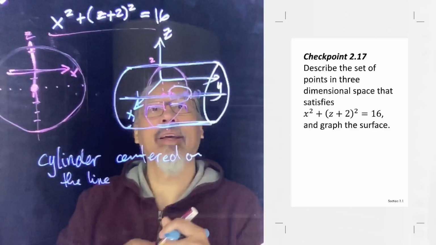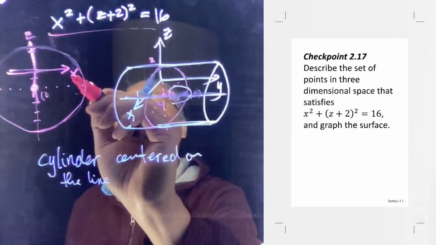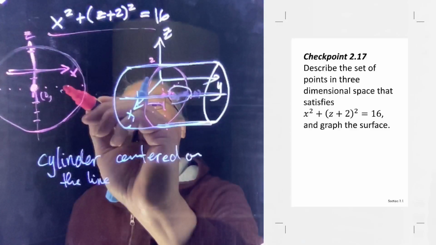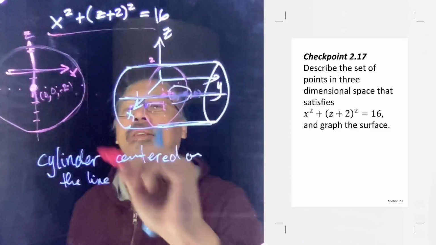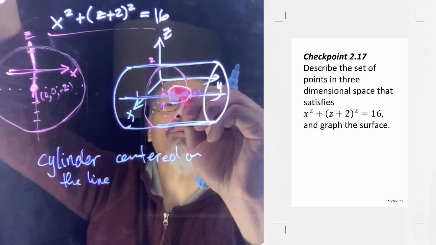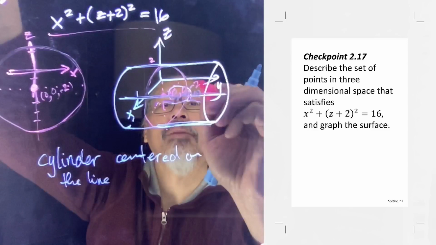That point was 0 in the x and negative 2 in the z. And so if we're going to look at it with a y, it'll be 0, 0, negative 2. So this point should have been 0, 0, and not 2, but negative 2.